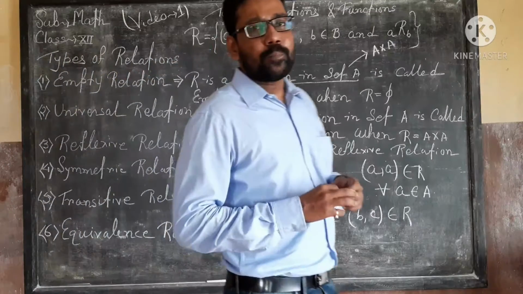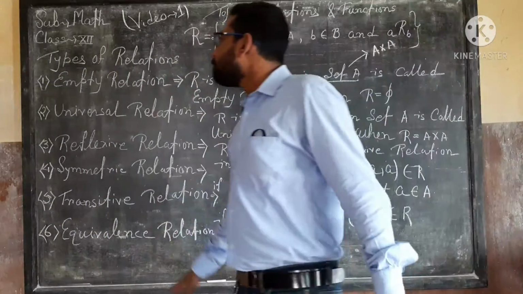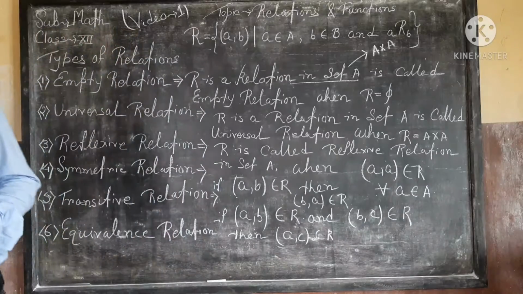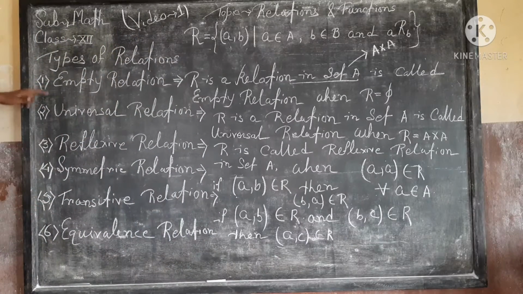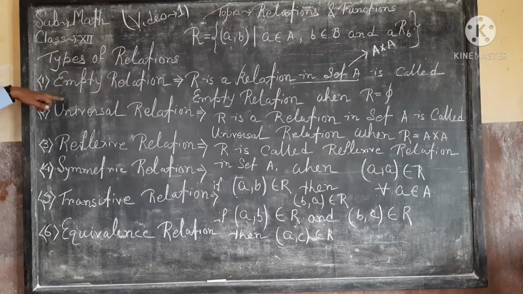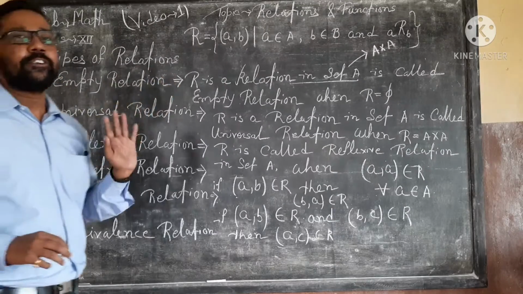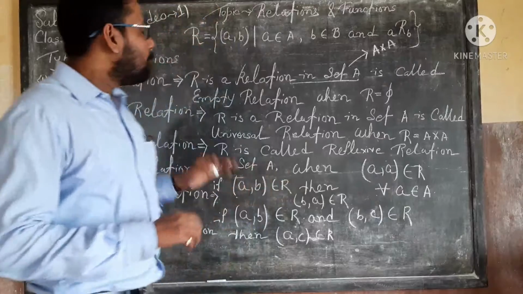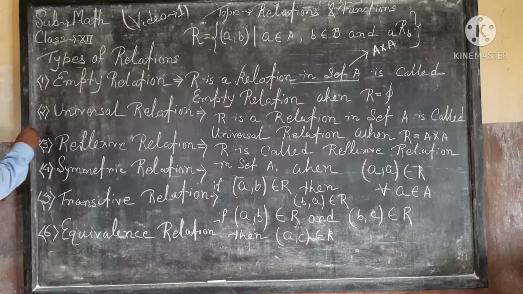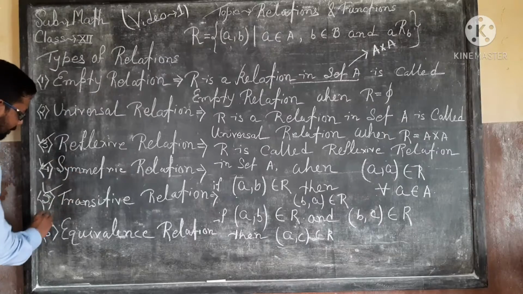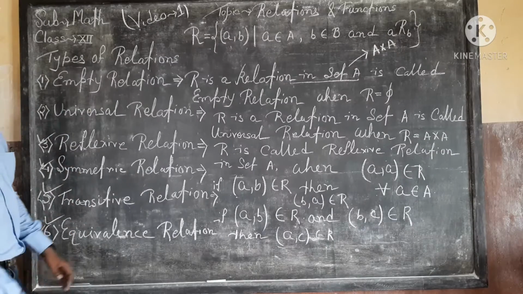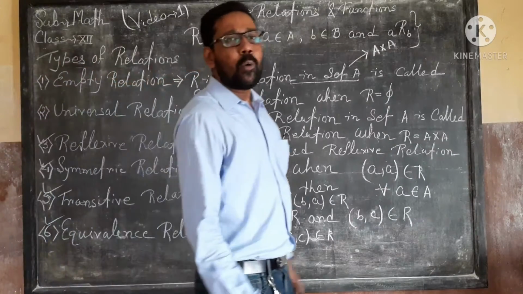Okay, so these are the types of relations. Remember all these six types. These two, empty relation and universal relation, are called the trivial relations, and mainly important are these four, the reflexive relations, symmetric relations, transitive relations and the equivalent relation, from your exam point of view.